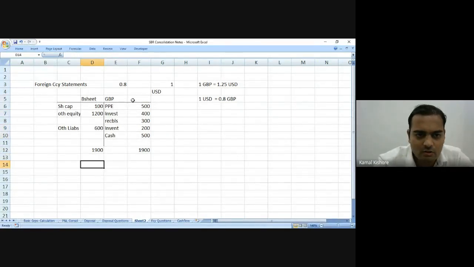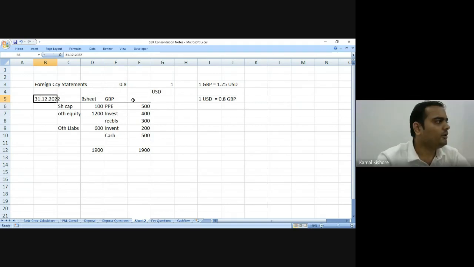Let's say this balance sheet is as of 31st of December 22. The rate is given. How do we convert?